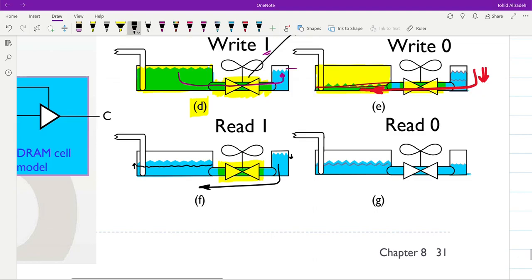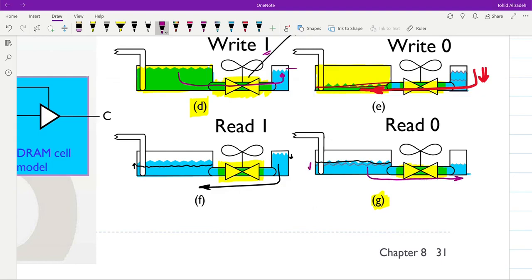On the other hand, if we want to read the value of 0, that's what we have here. And again, assuming that the initial level of the liquid in our tank was somewhere around here, by opening the valve, we would have the flow of the liquid in this direction.